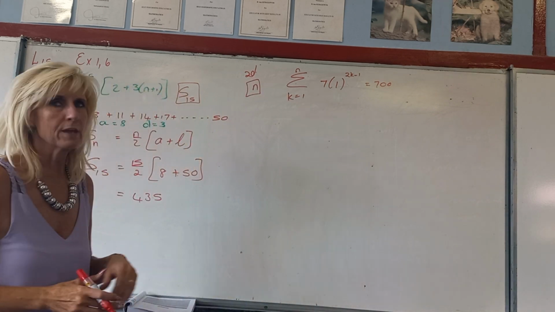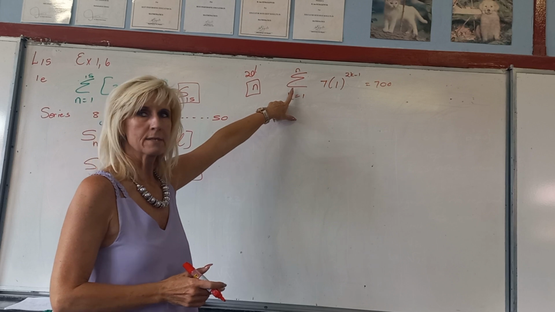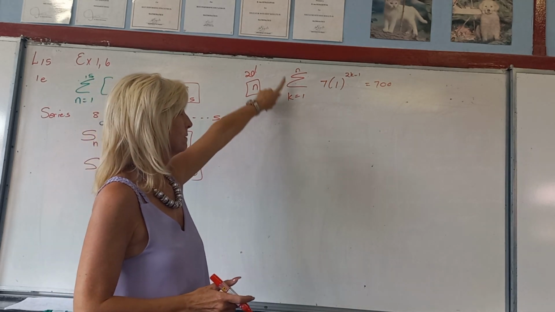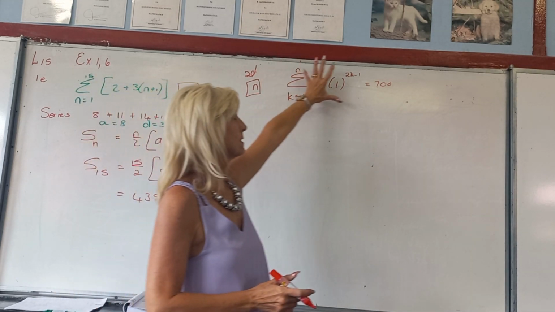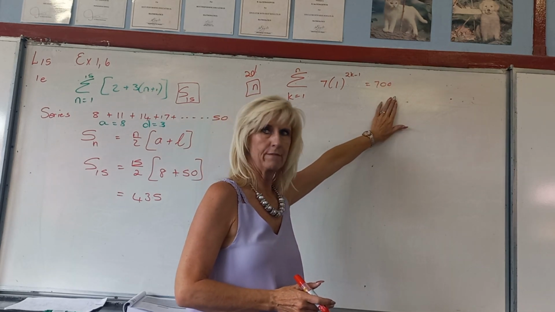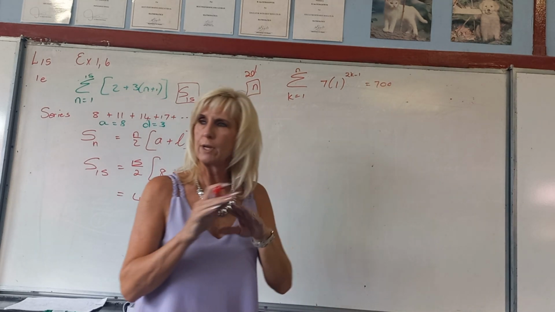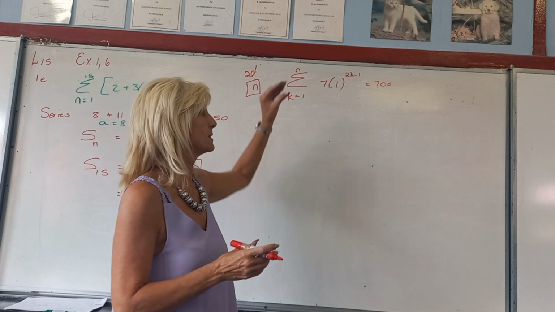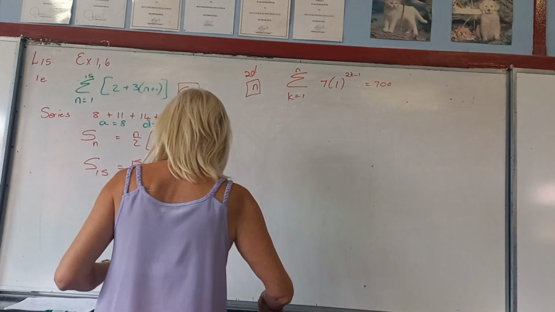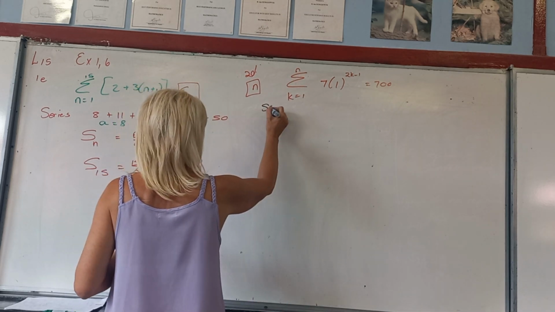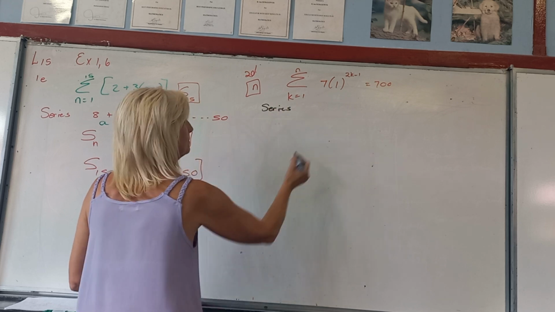And I'm giving you the sum of how many terms? N terms, and the sum is 700. But before you do anything else, if the sum starts off with sigma, you write down your series. What does the series look like?